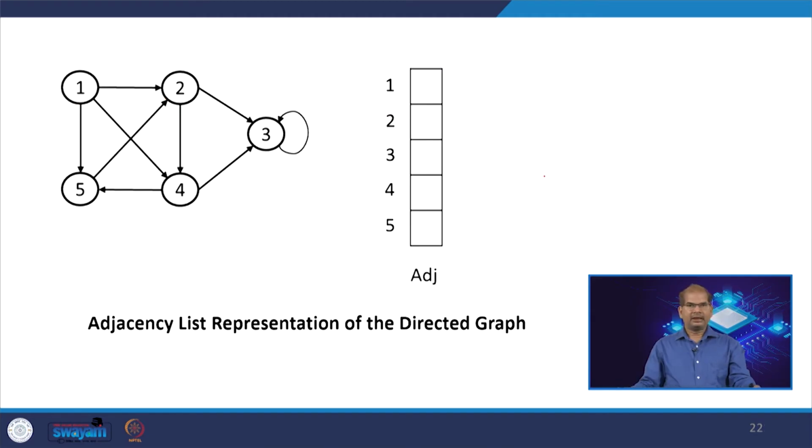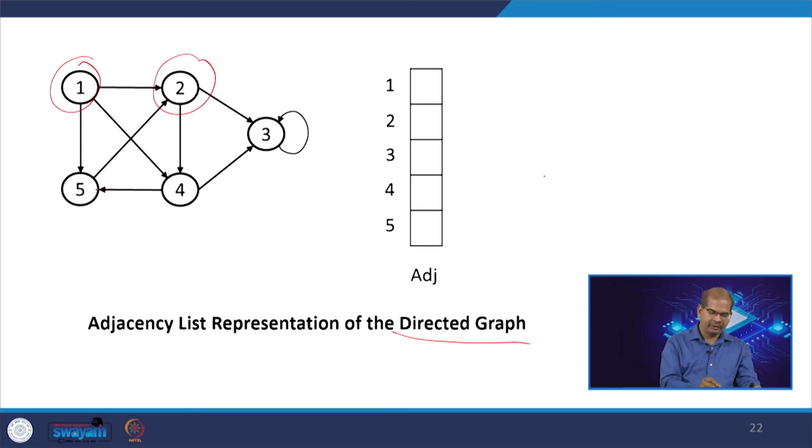This is an example of an adjacency list representation of a directed graph. In this case we need to consider the direction while creating the list. Let us say node 1 is connected to 2, 5 and 4.